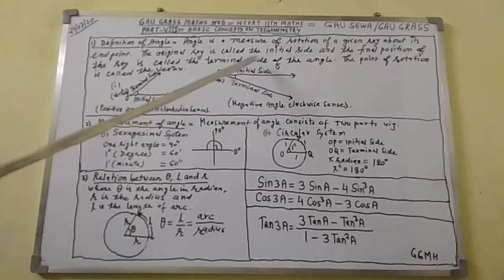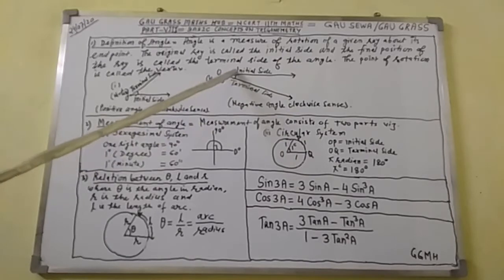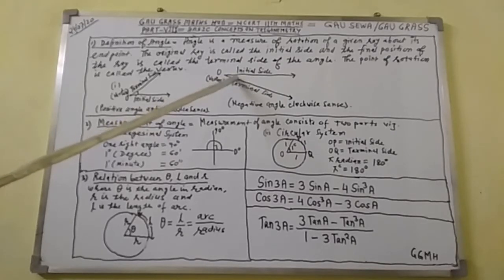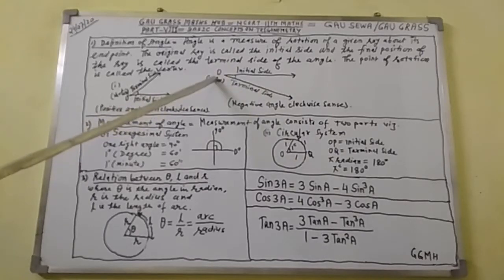This is the initial side, this is the terminal side, and it will cover an angle in the clockwise direction. That angle will be a negative angle. This is the vertex.